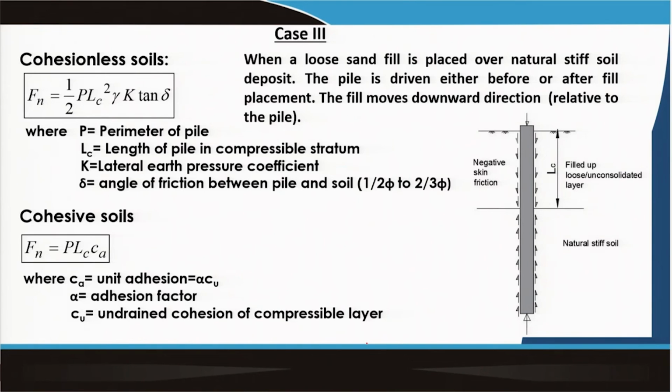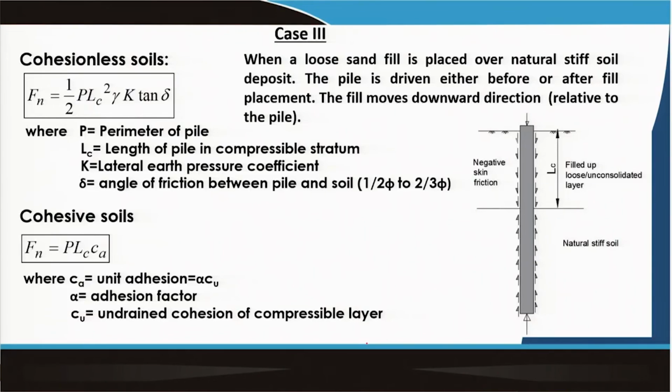In that case, that will be under drained condition, okay, because if it is a loose soil, even if you consider the CD test, the loose soil also gives you the phi value for the sand, in the CD test also.